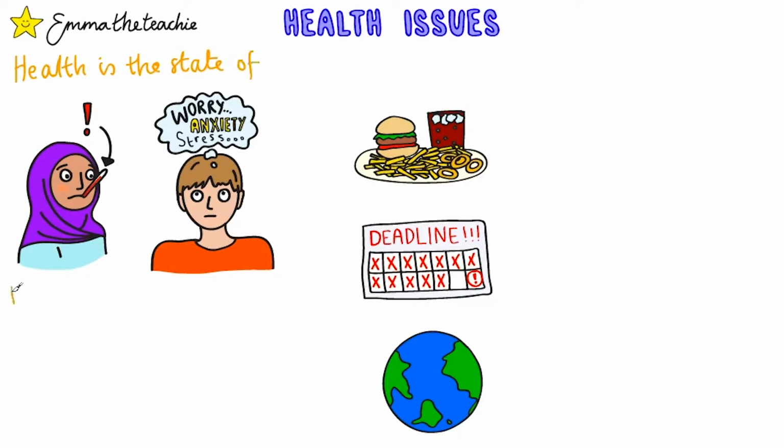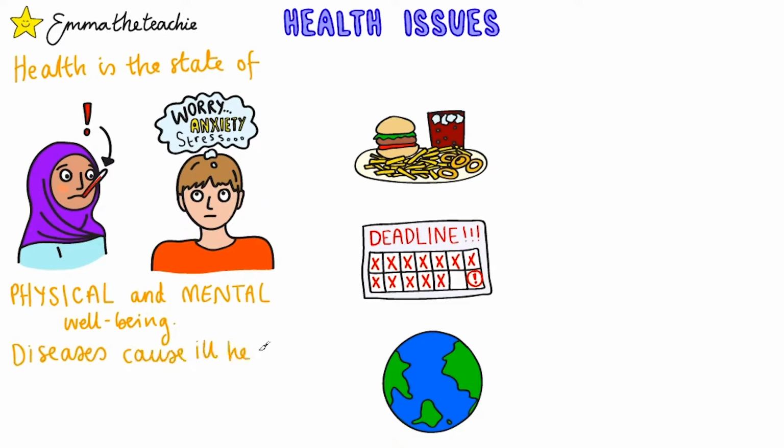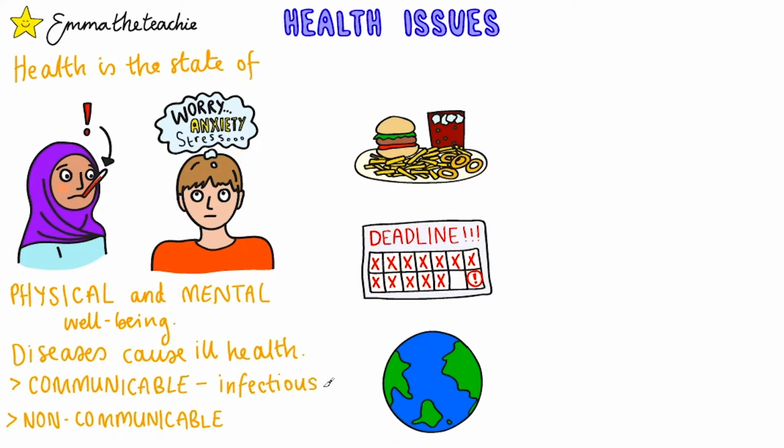Health is a state of physical and mental well-being. It's important to remember that it is both physical and mental, not just one or the other. Diseases are major causes of ill health, and they can be split into two groups: communicable and non-communicable. Communicable means the disease is infectious and can be passed on from one person to another.